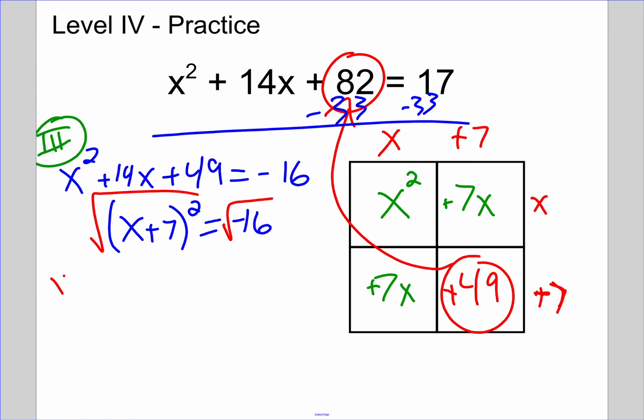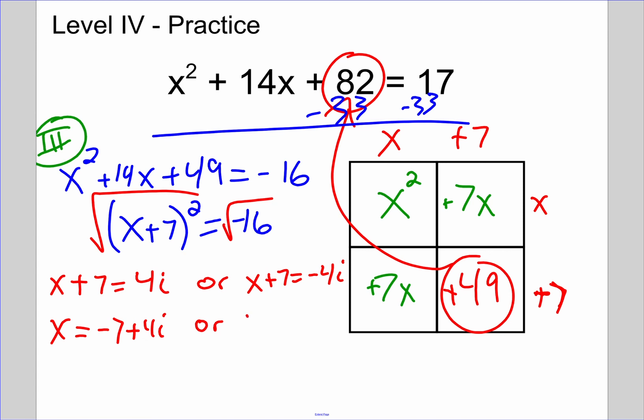So we're going to end up with x plus 7 equals 4i, or x plus 7 equals negative 4i. Again, if you're not up on your complex numbers, go check out some videos. And the last step, we'll subtract 7 from both sides, so we get x equals negative 7 plus 4i, or x equals negative 7 minus 4i.